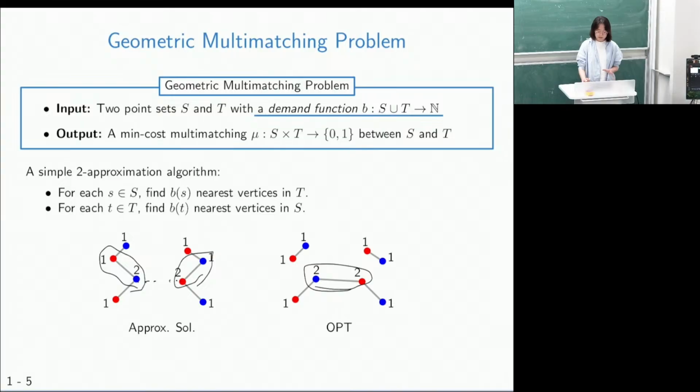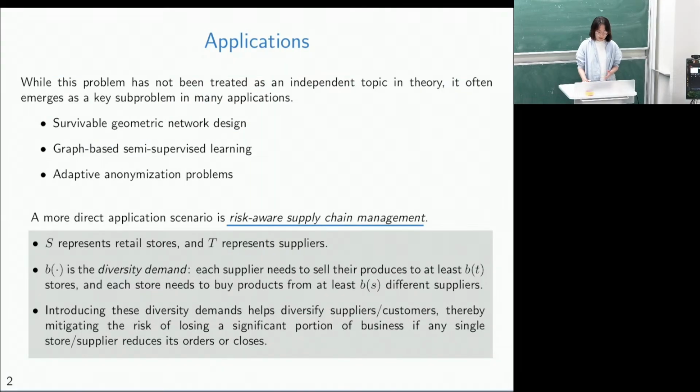Okay, this problem, the geometric multimatching problem, has not been treated as an independent topic in theoretical computer science. However, it often emerges as a key subproblem in many applications. Here, the degree bound is necessary for reliability in the design of geometric networks, and it is used as a subroutine for graph-based semi-supervised learning and adaptive anonymization problems.